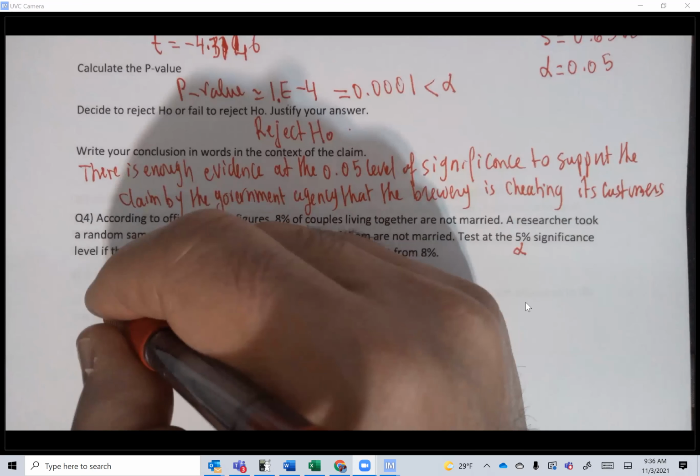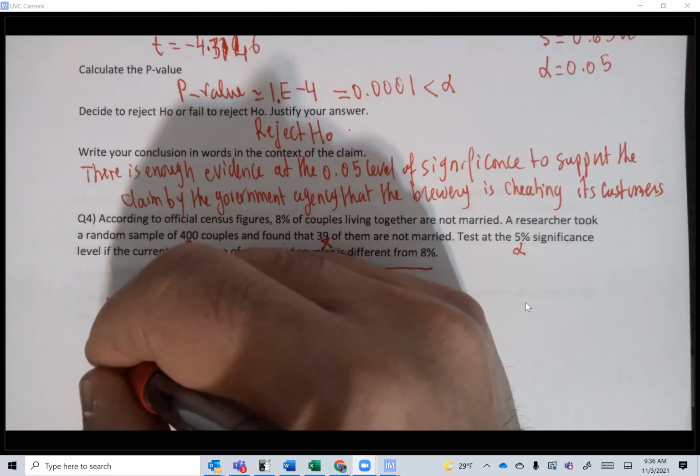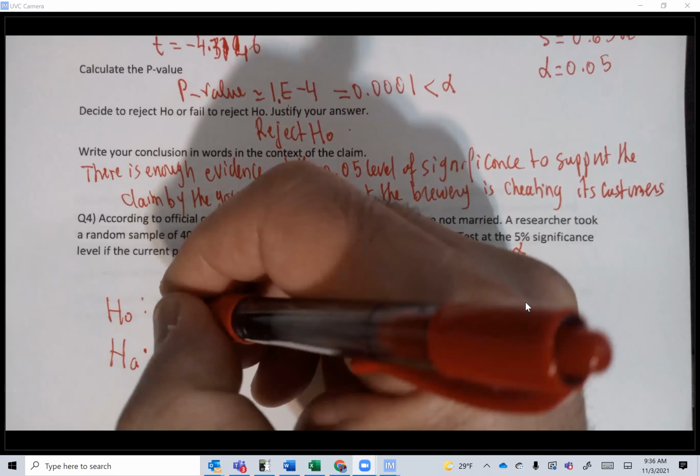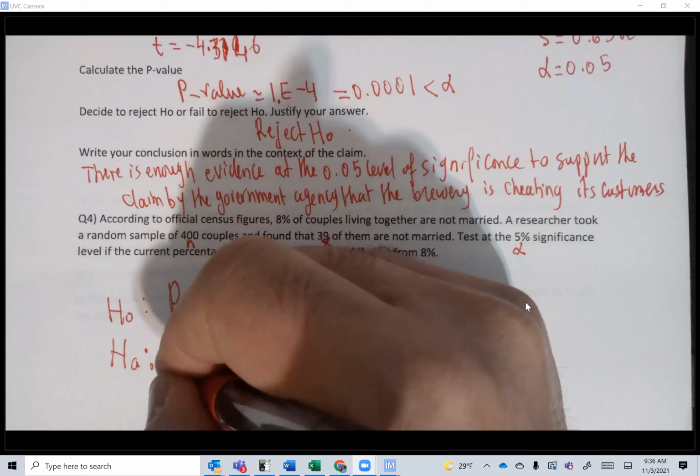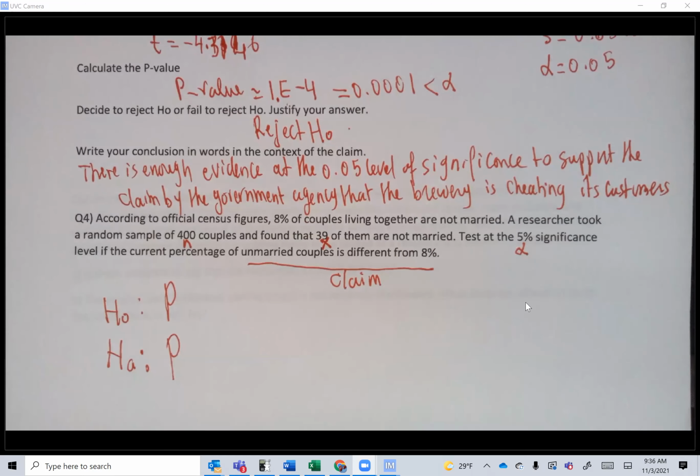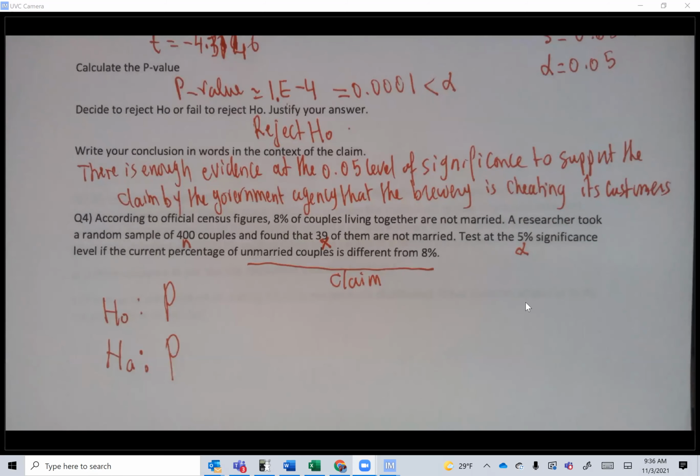So HO, HA. Do you guys agree with me that I have to use a P here? It's a proportion. And would a student tell me what the null and the alternative would be in here? Any input here would be appreciated.